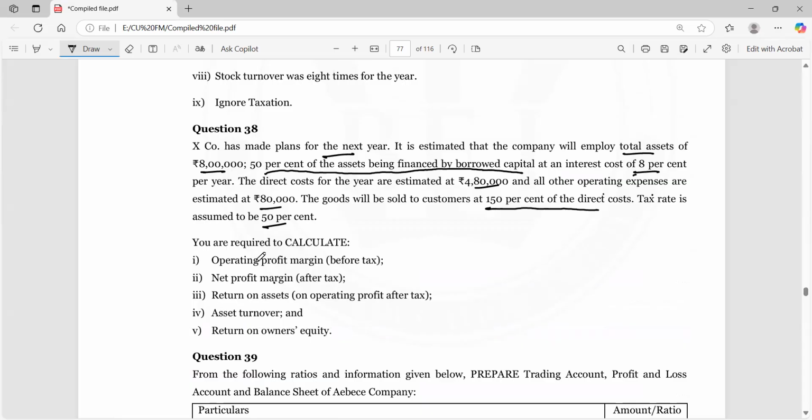Listen, third requirement, return on asset. In this question, they're asking us to calculate return on asset on operating profit after tax. What is the formula that you have to use?